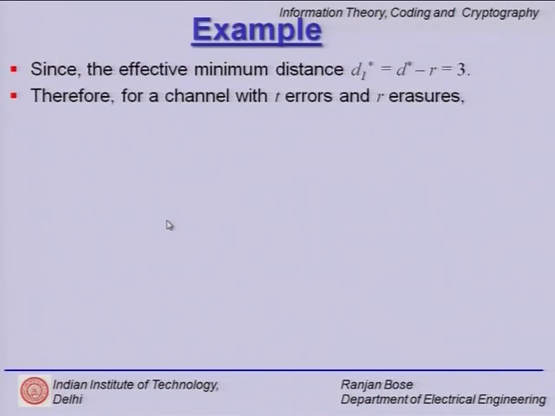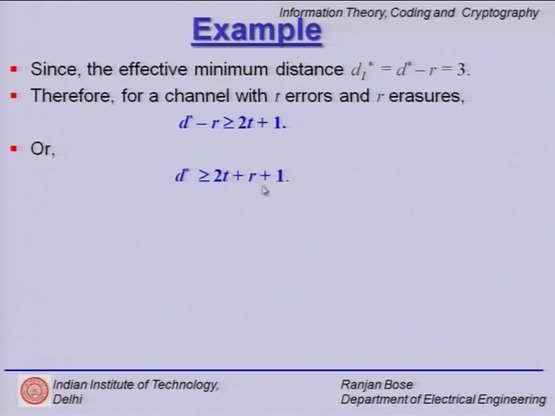We looked at a simple example where we saw that in order to correct for T errors, you now must have d star minus R, which is the effective minimum distance, greater than or equal to 2T plus 1, or you can have d star greater than or equal to 2T plus R plus 1.